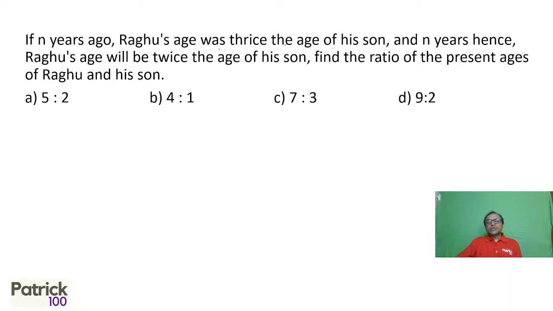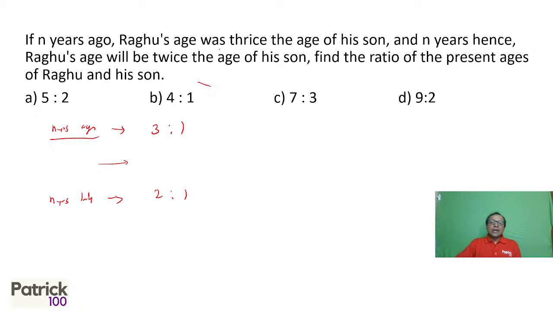Raghu's age was thrice the age of his son, n years ago. So n years ago, it was a 3:1 ratio. N years later, it is a 2:1 ratio. Which means now the ratio will be somewhere between 3:1 and 2:1.